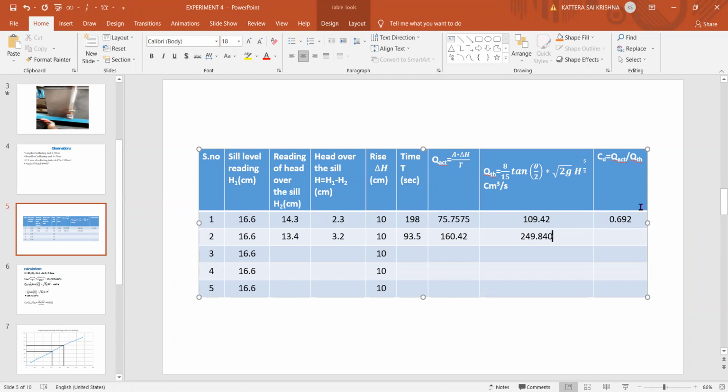Okay, sir, calculating. All the students, clear the settings of your calculator once. Sir, 0.3032.